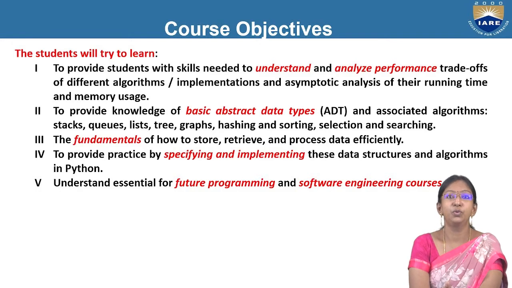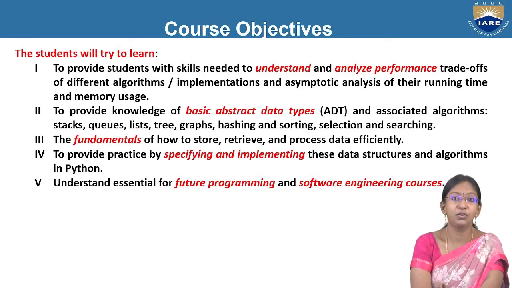Next, coming to the basic knowledge, basic abstract data types you are going to learn. What are the basic abstract data types which are associated to your data structures? The primitive data types which you see in your programming are integers, float, character, pointers, all these, whose definition is already defined.